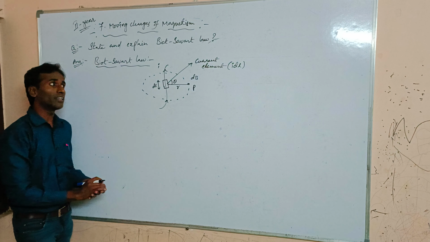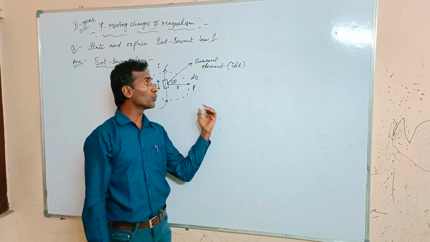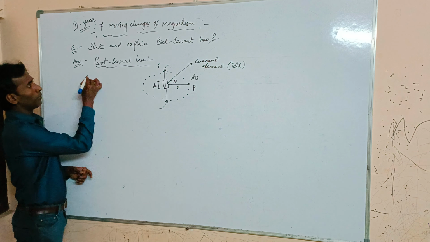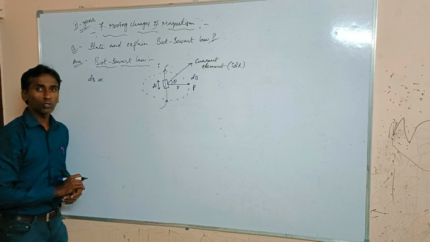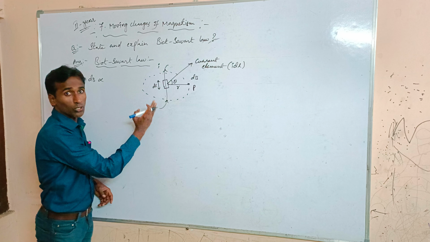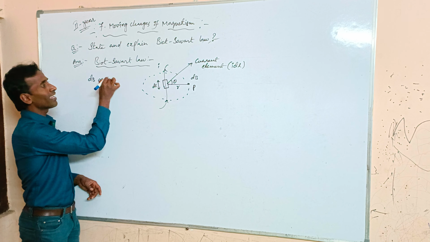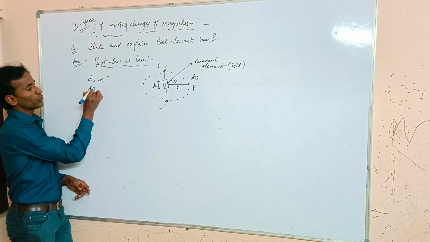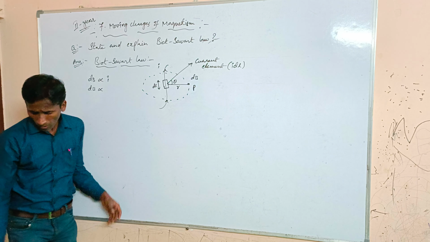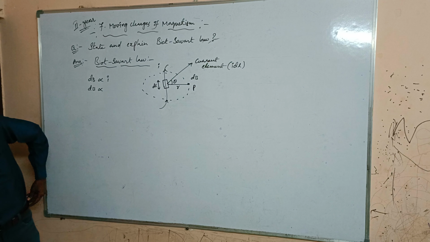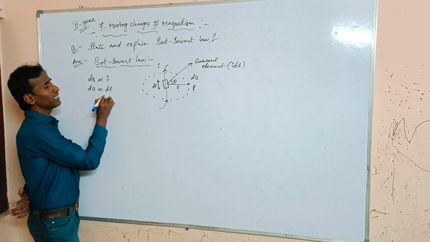So now it produces a magnitude of magnetic field. I'm writing that the magnitude of magnetic field dB is directly proportional to the current flowing through the conductor, that is I. Again, it is directly proportional to the length of the element, that is dl.